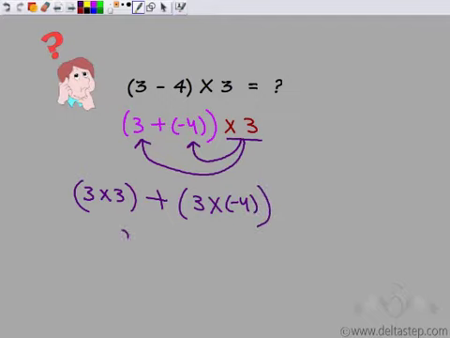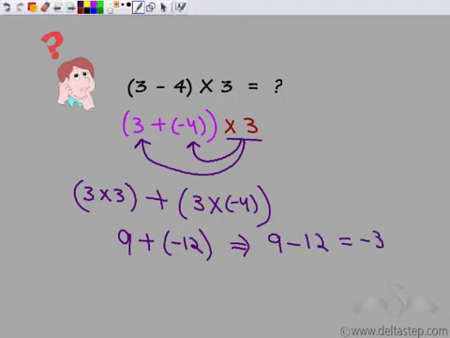This gives me 9, 3 into 3 is 9, plus 3 into negative 4, which is negative 12. 9 plus minus 12 gives me, adding a negative is the same as subtracting a positive, which is equal to, so this is the answer.